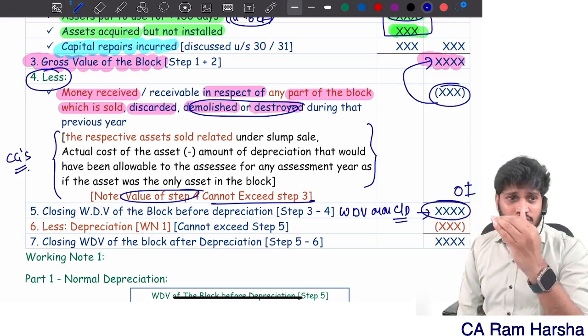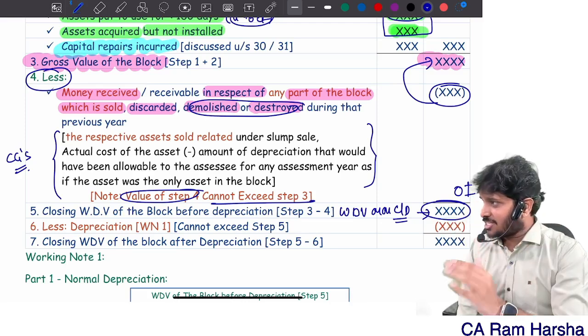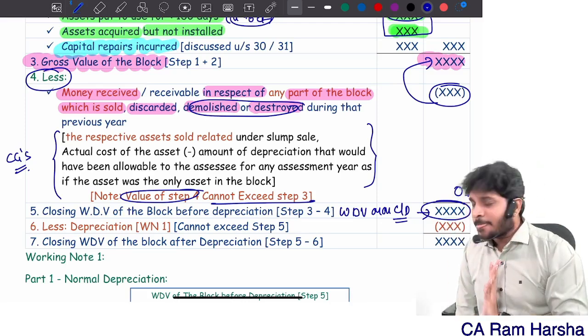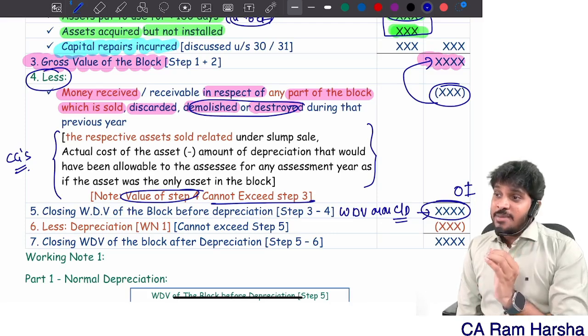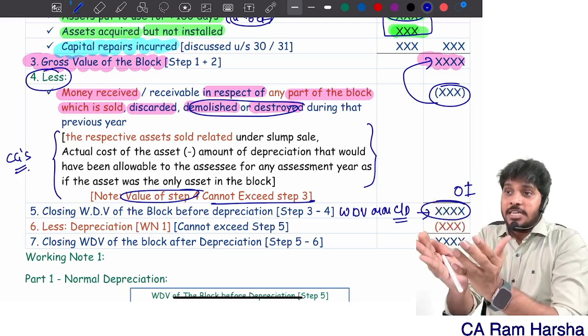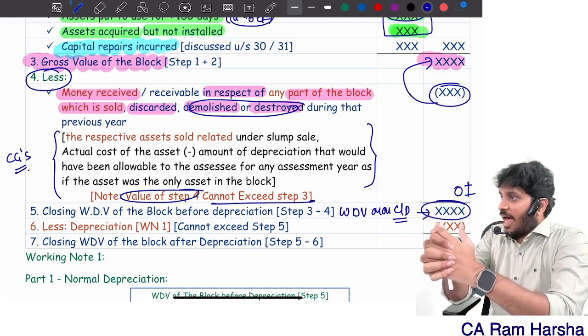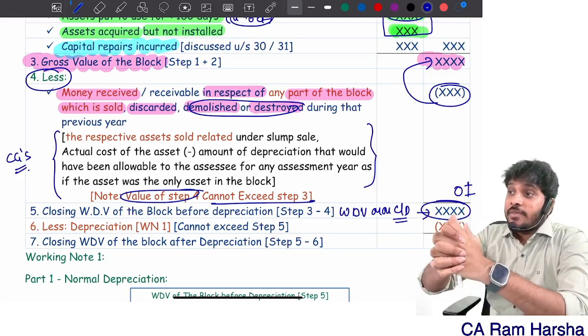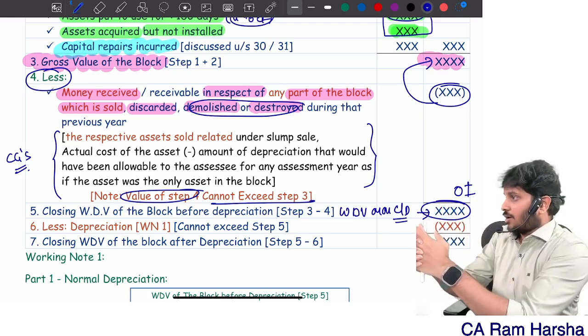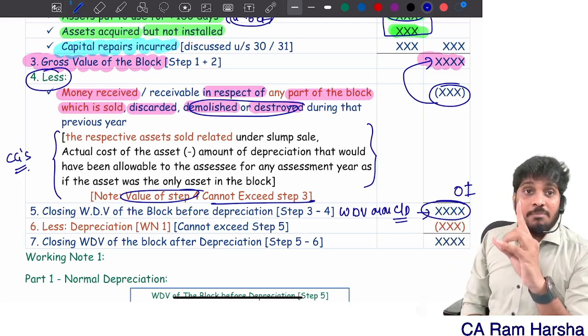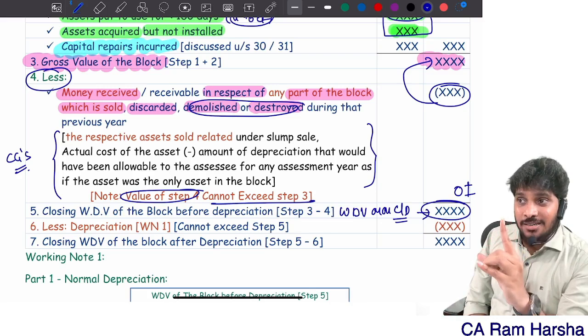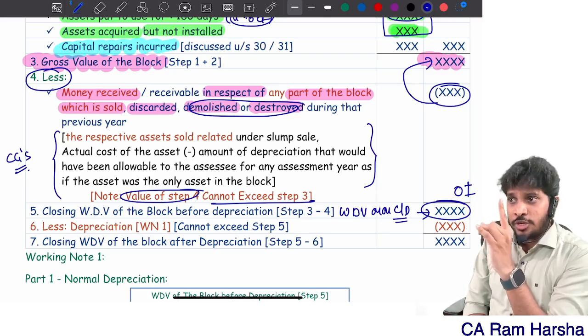Any asset that is not intangible, building, or furniture comes under plant and machinery. If they carry the same rate of depreciation, all the assets under the same category are grouped together, and we calculate depreciation on them together as a block. But a company which is engaged in power generation, in the first year they should decide.